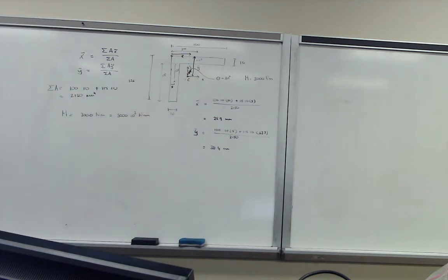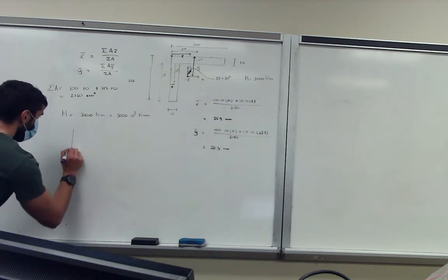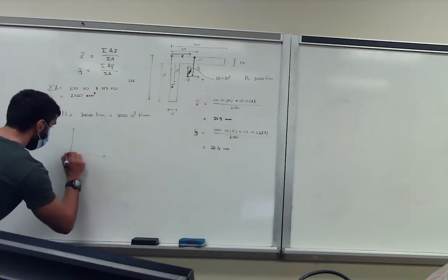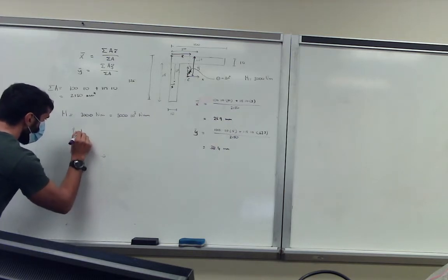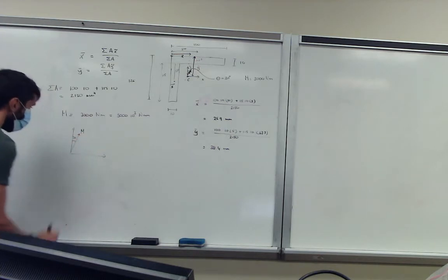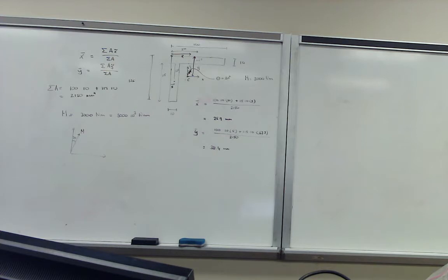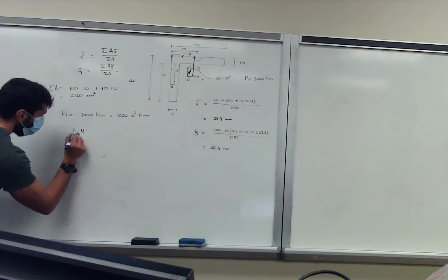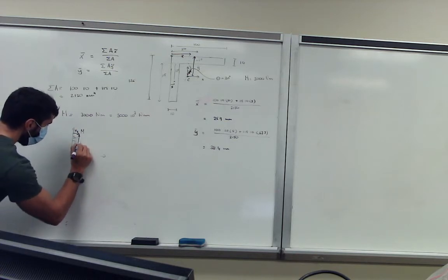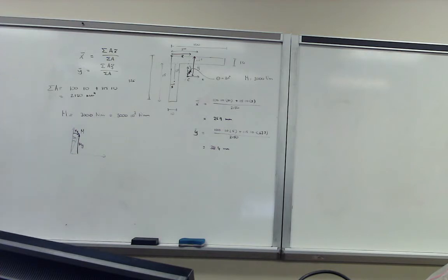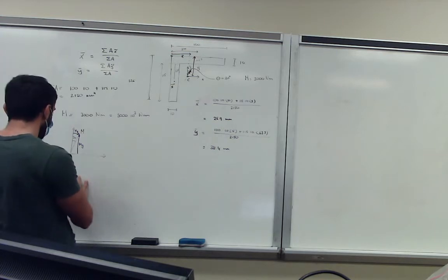Now we have to decompose that. So what we have is like this. This is our moment given. This is 30 degrees. So we can just use Pythagoras for it. So this will be your Mx component, and this will be your My component. So for Mx we use sine 30.